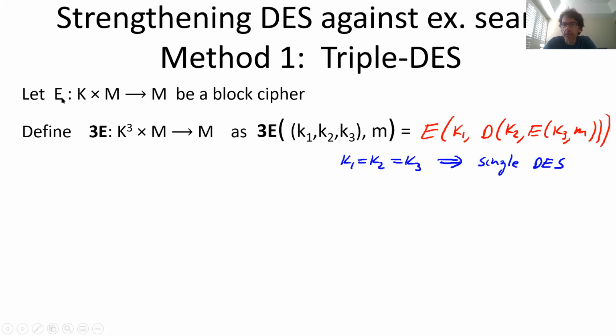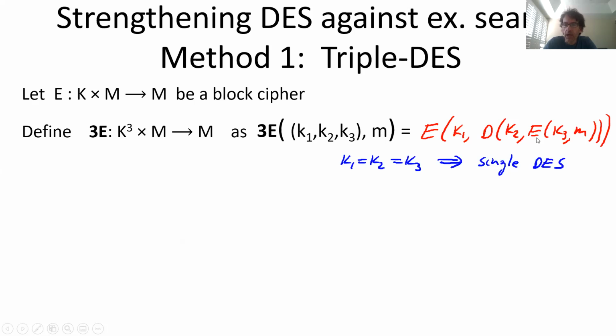So let E be a block cipher, and define triple E as a block cipher which takes keys which are triples of the keys of the underlying block cipher, and they go over the same message space. The triple E, using a triple of keys K1, K2, K3, is defined like this on a message: run encryption in the forward direction using key K3.